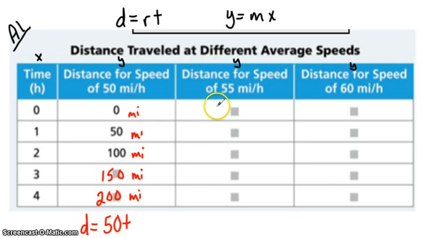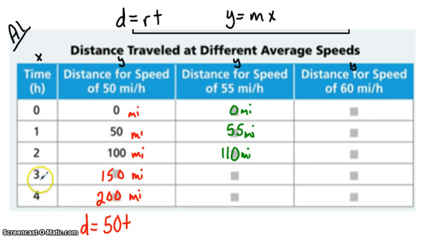All right, same thing here for the speed of 55. If I haven't taken any time yet, my distance at 0 hours has been 0 miles. At 1 hour, 1 times 55 is 55 miles. At 2 hours, 2 times 55 is 110 miles.